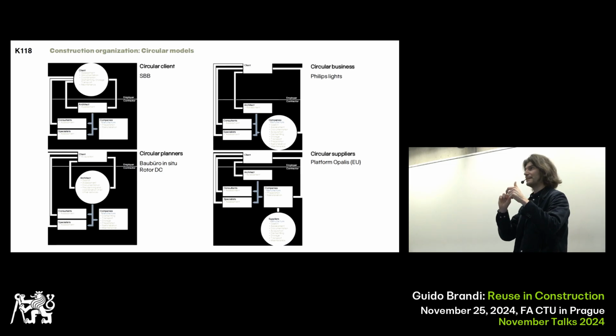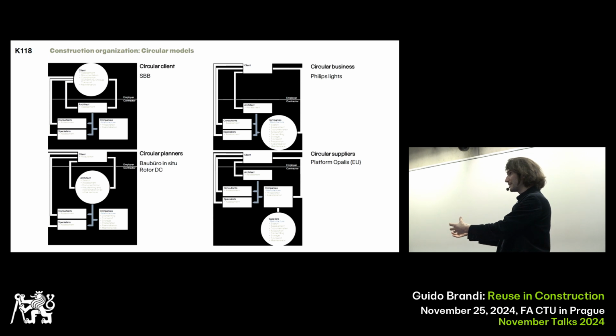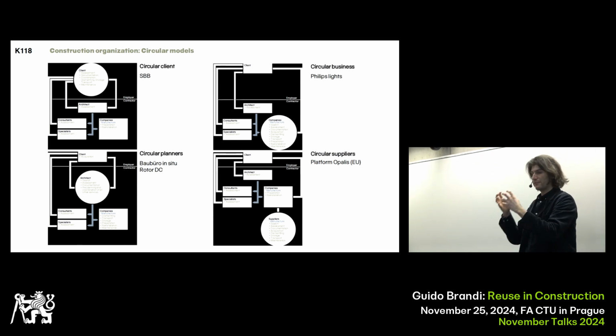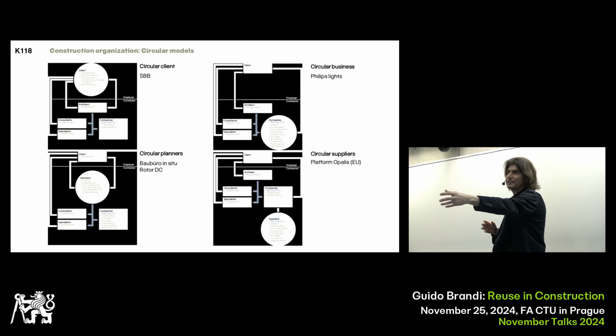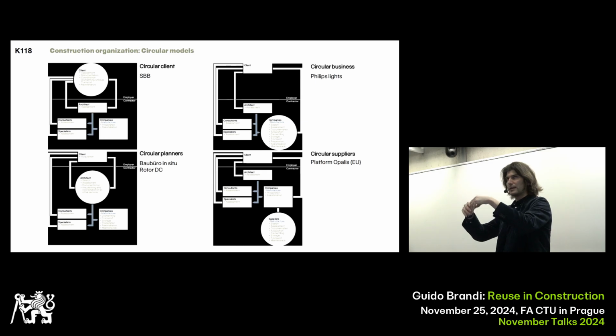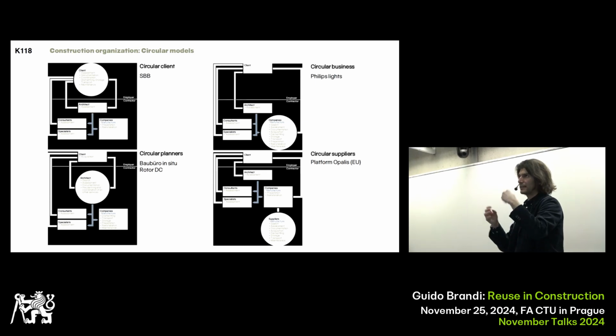The idea is that it's not the airport owning the lights anymore, it's like a kind of lease. Philips leases the lights to the airport, they maintain them, and at the end of life, they take them back and replace them.